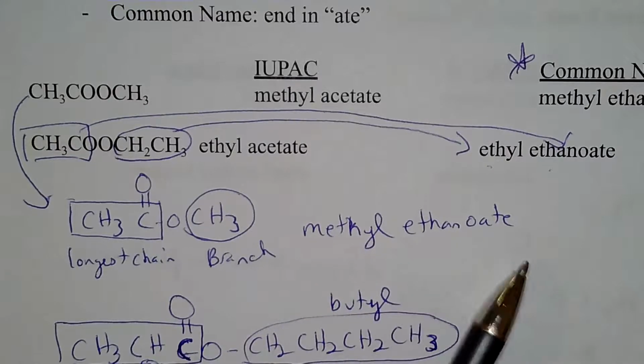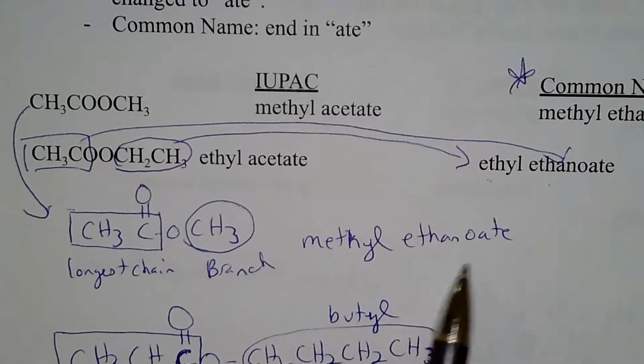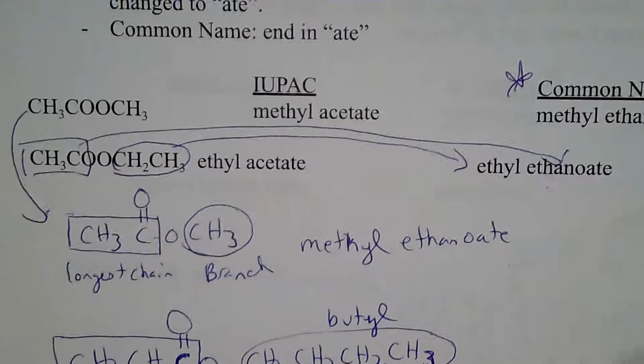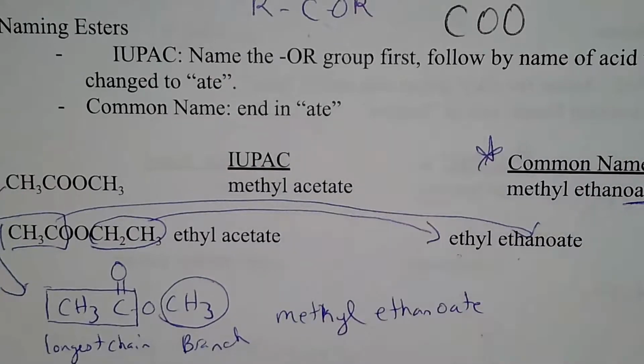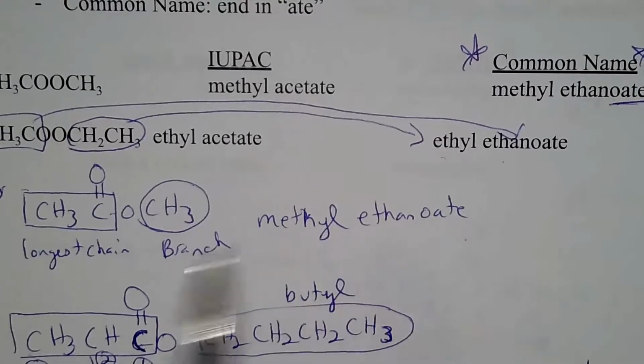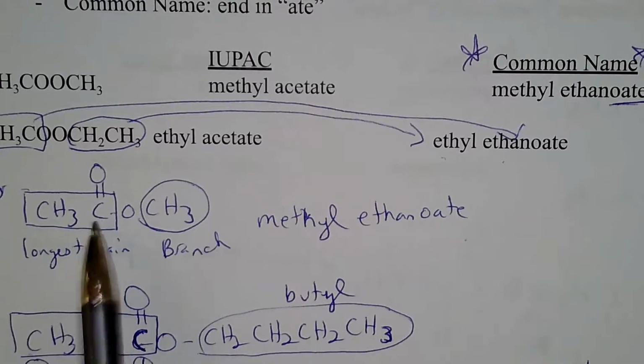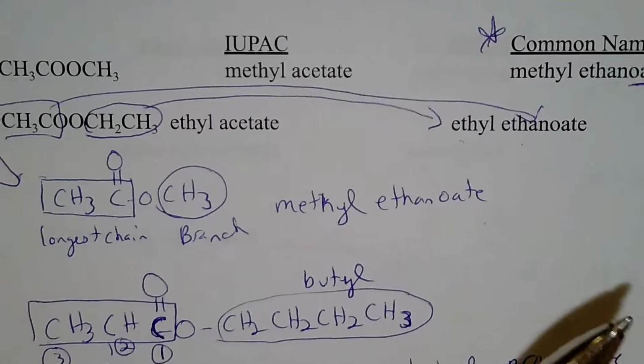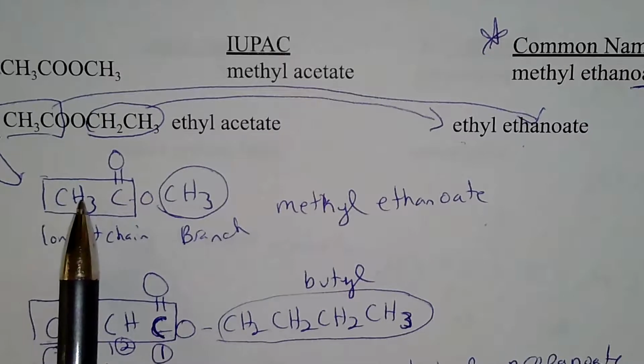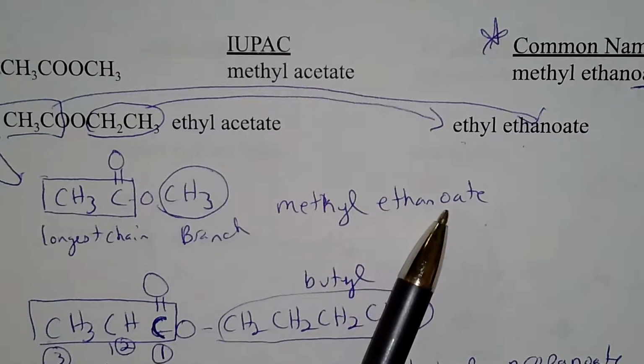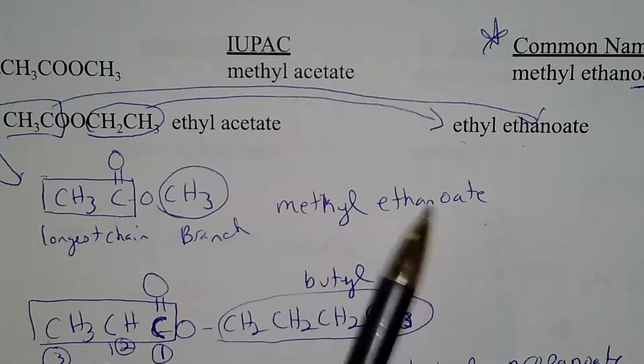The ending part is going to end in OATE. Sometimes it is linked up with carboxylic acids, where you essentially drop the ic and change it to an ate. So I have the longest chain. The longest chain for this ester is 2 carbons, so I'm going to call it ethane, drop the E and put an OATE.